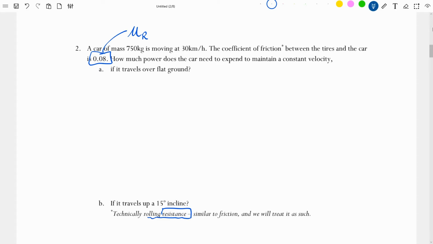The air in there is not strong enough to rigidly keep that tire in a perfect circle, and so it is completely normal for the bottom of the tire, the part that's in contact with the ground, to be flattened out a little bit. And of course, as that tire rolls, that flat part continually changes, and it's ultimately that which causes this rolling resistance.